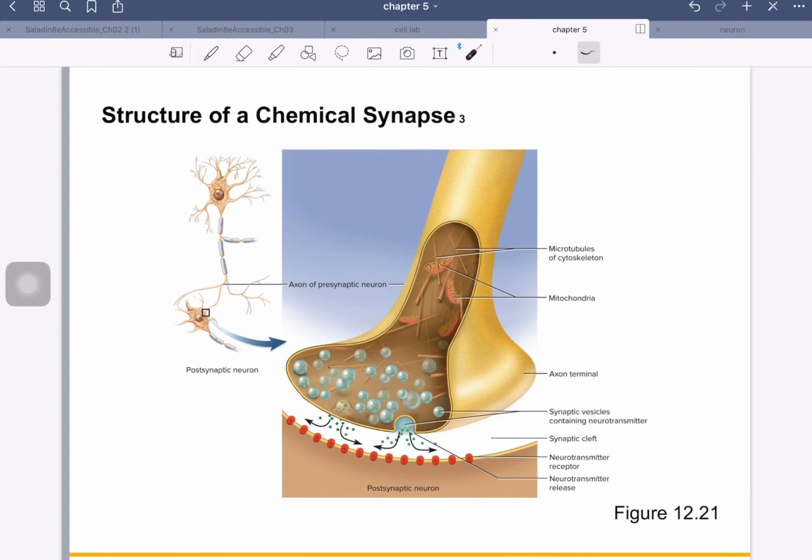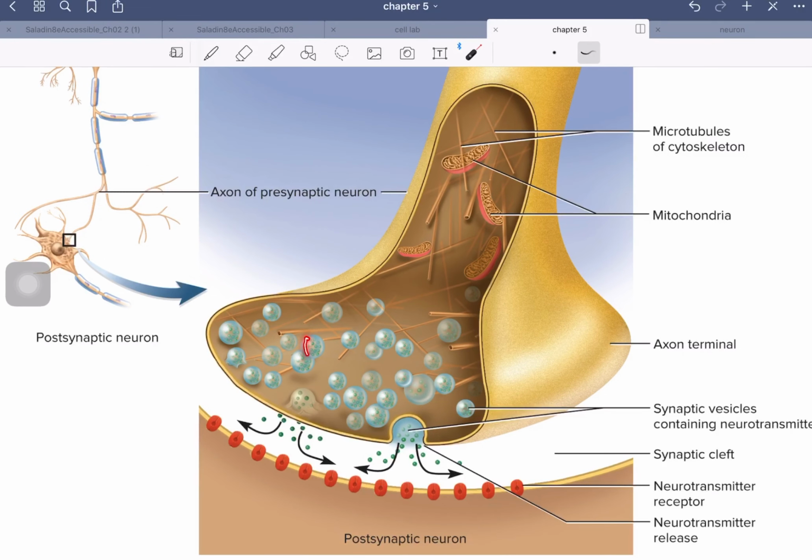But let's spend some time talking about the structure of a chemical synapse. And as I said, down here in the synaptic knob, we have a number of synaptic vesicles that already have pre-made neurotransmitters. And the typical way this works is an action potential will come down the membrane of the presynaptic neuron. And often what the trigger is, it opens a gate. And in many cases, this is a calcium gate.